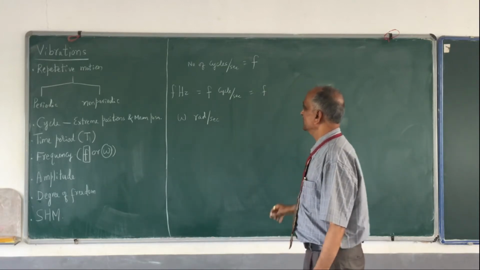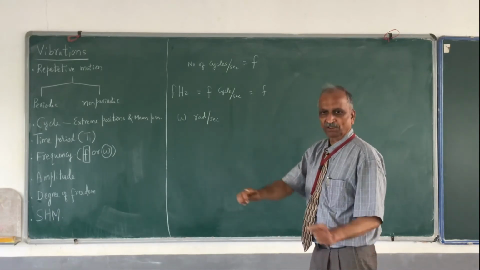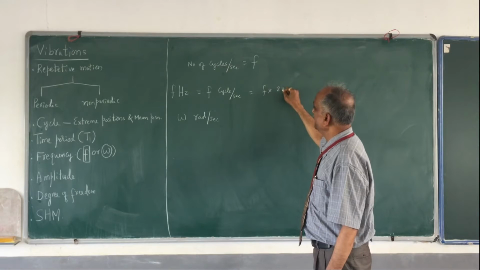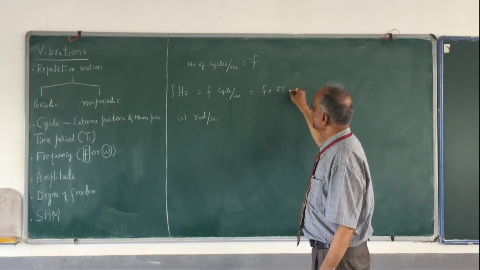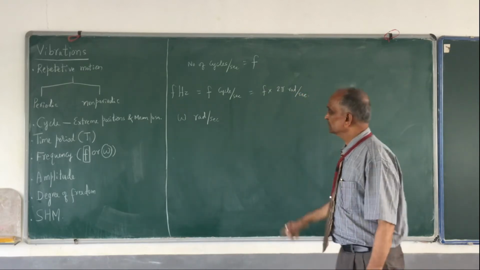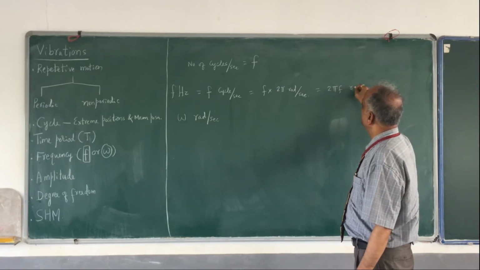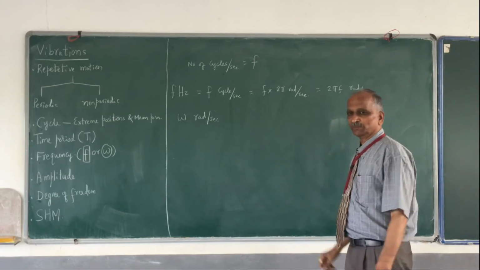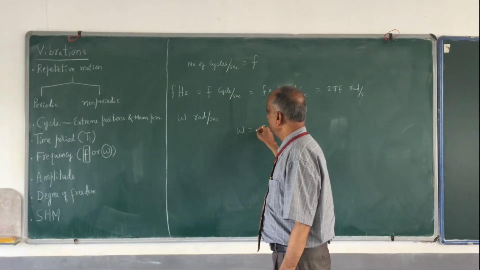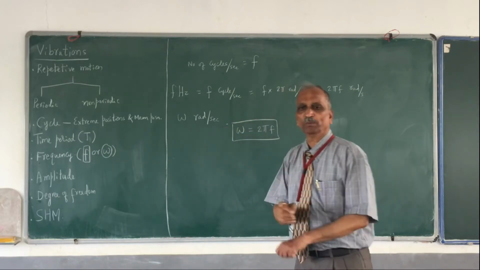One cycle corresponds to 2 pi radians. So this is nothing but 2 pi f radians per second, and radians per second is nothing but omega. Therefore, omega is equal to 2 pi f.